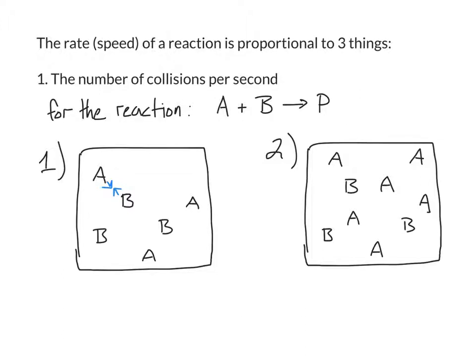In scenario 2, because we've increased the concentration of A, this B molecule could now collide with that A, or that A, thus increasing the number of collisions per second that are possible. In fact, the concentration of A was doubled in scenario 2, therefore the number of collisions per second will also double. The number of collisions per second is directly proportional to the concentration of the molecules.